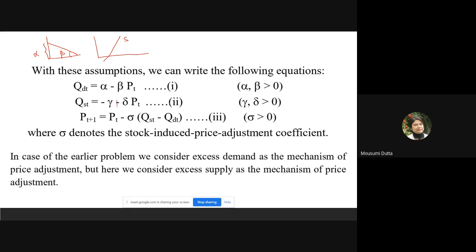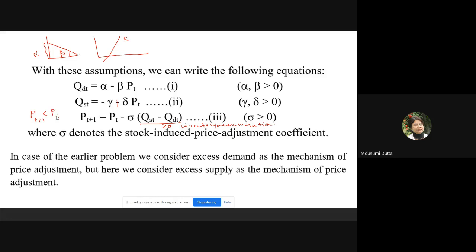If this part is positive, in that case, price of T plus 1th period will be less than that of price of the Tth period.